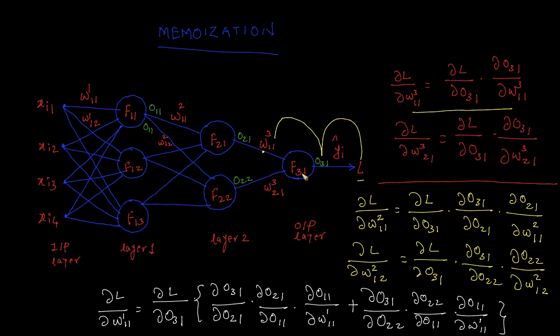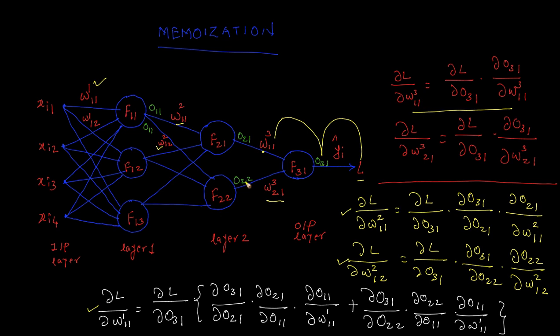Similarly, the formula for computing the derivative of loss with respect to this I wrote here. Because I want to update this weight, I'll need this derivative at the time of updating this weight. Similarly, this derivative for updating this weight, and this derivative for updating this weight.